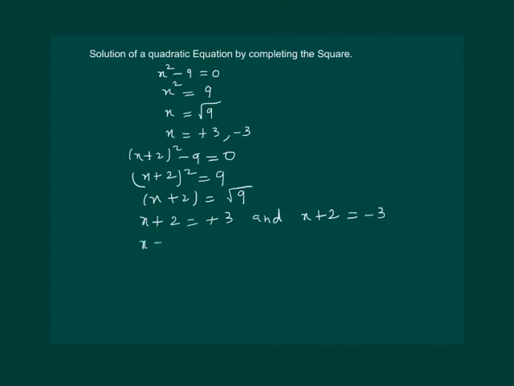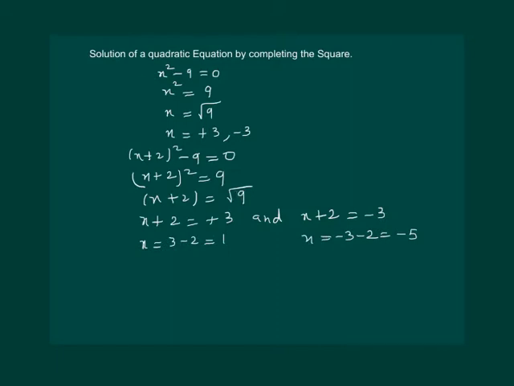Further solving we can get x equal to 3 minus 2, that is 1, and x equal to minus 3 minus 2, that is equal to minus 5. So we can see in both the cases we could find the roots easily by taking the square root.